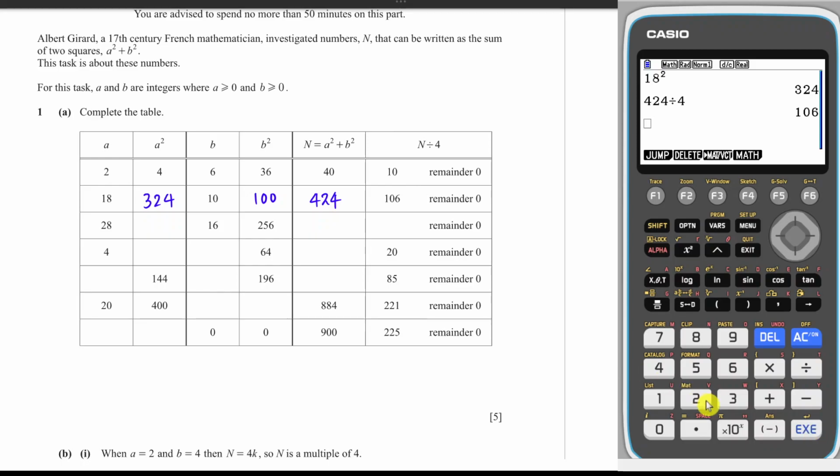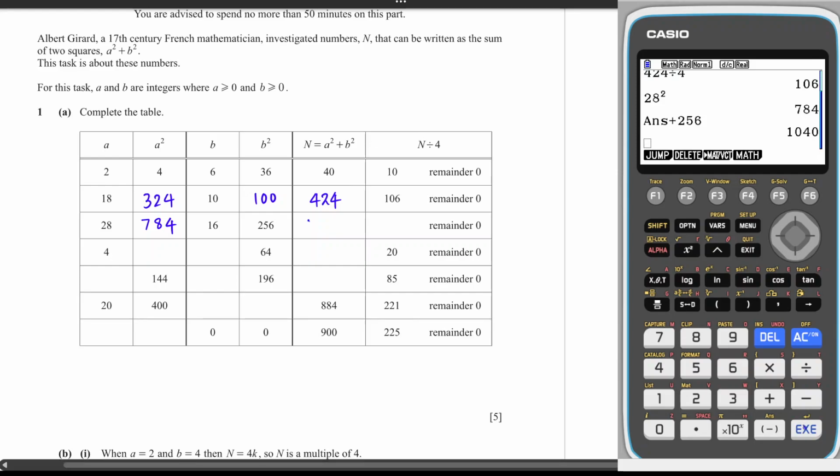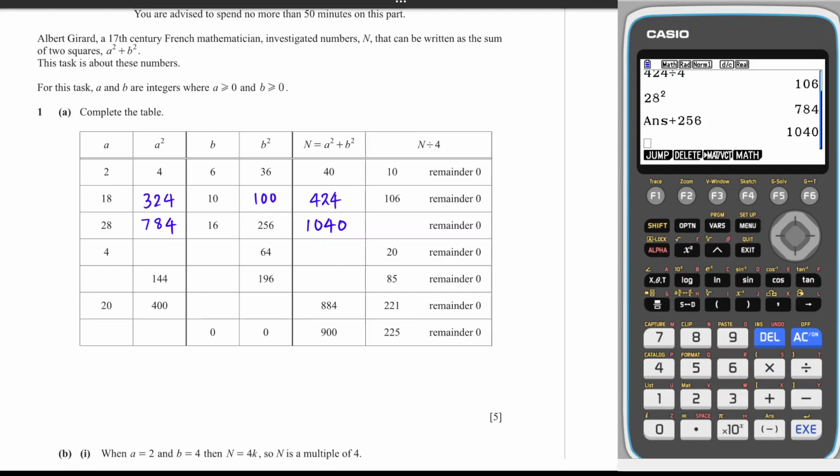Similarly, we have 28 squared, that gives you 784. 784 plus 256 gives you 1040. 1040 divided by 4 gives me 260.